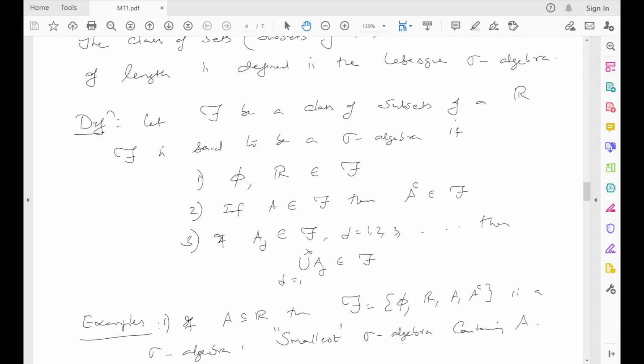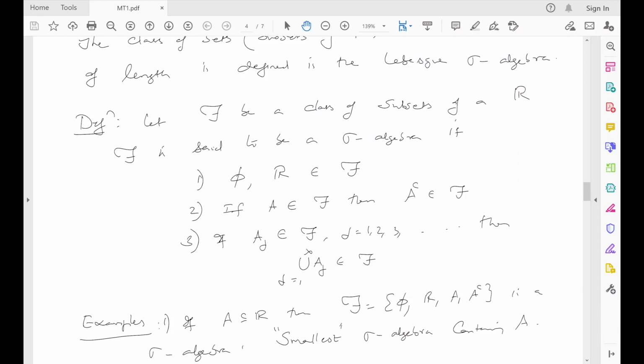Okay. So there are three conditions: the empty set and whole space should be there, it is closed under complementation, and closed under countable union. Now, because complementation is there, if it is closed under countable union, it will be closed under countable intersection as well, right? Because if you take the union and take the complement, then you are going to get the intersection.